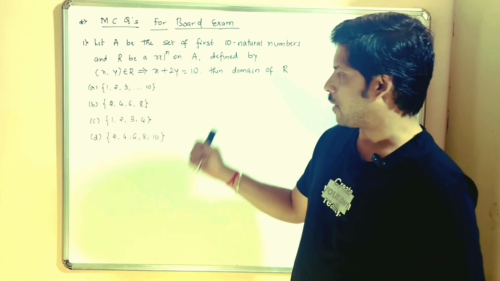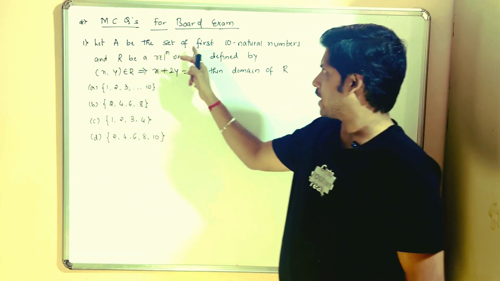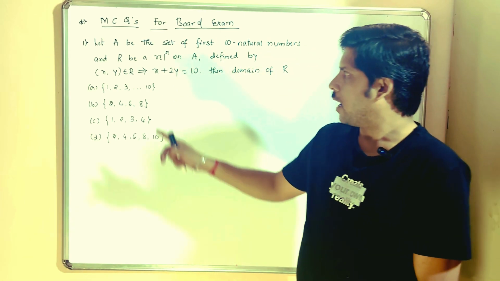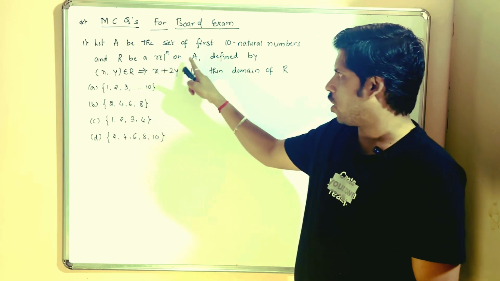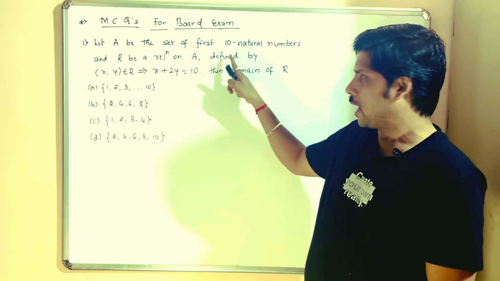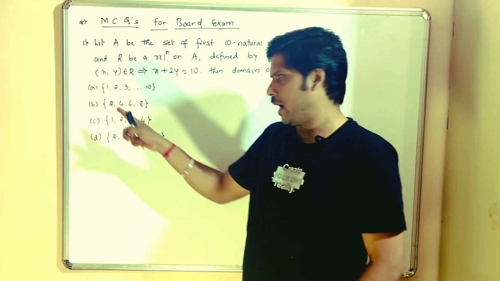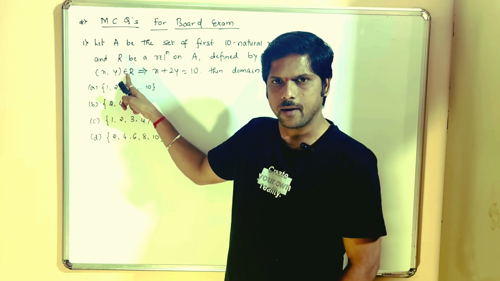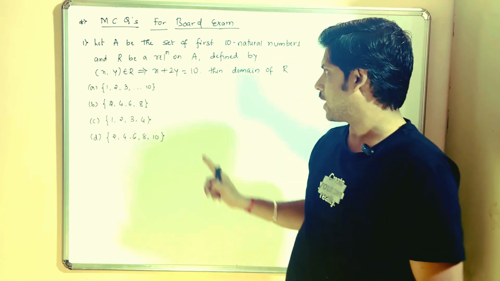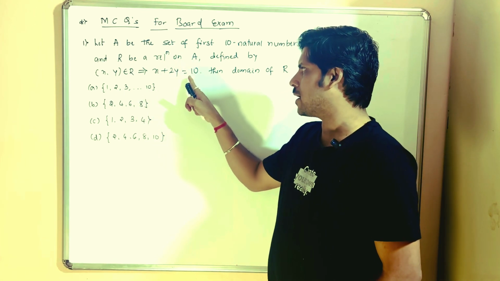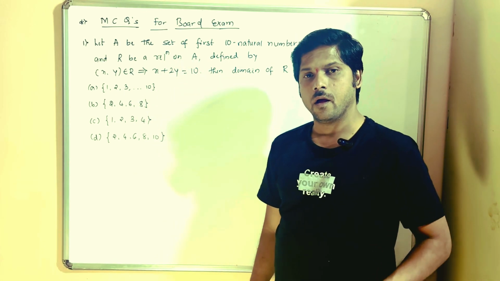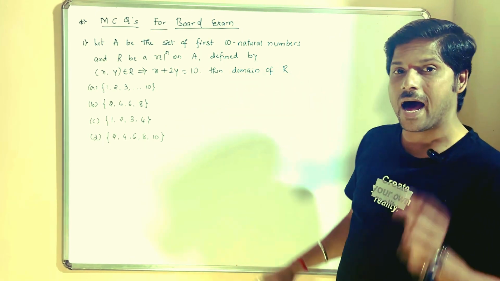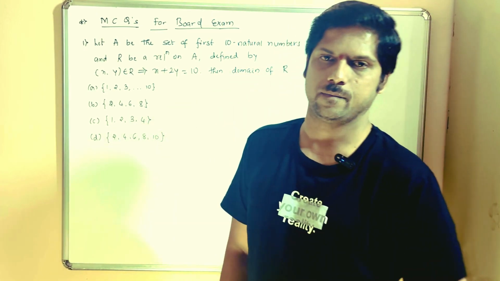Okay, here is one example. Let A be the set of first 10 natural numbers and R be the relation on A, defined by the ordered pair x comma y belonging to the relation R, where x plus 2y is equal to 10. Here we have to find the domain of R, right?